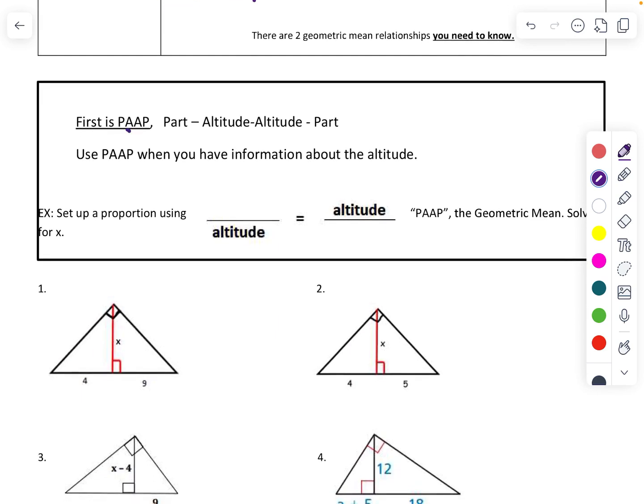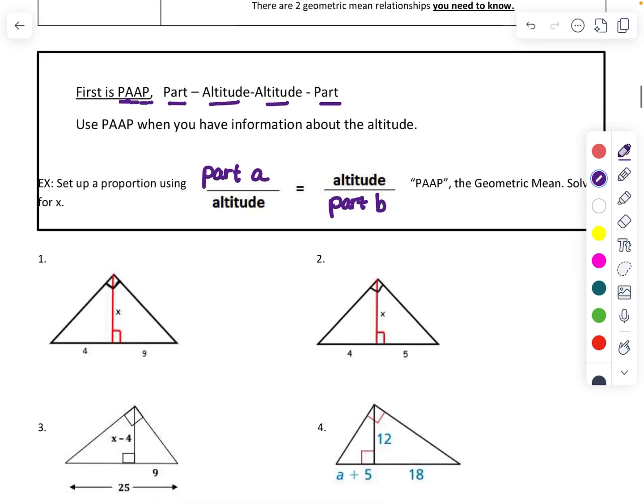So if you think of PAAP, P-A-A-P, part to altitude, altitude to part, that's what we're going to do to find the geometric mean when dealing with an altitude.